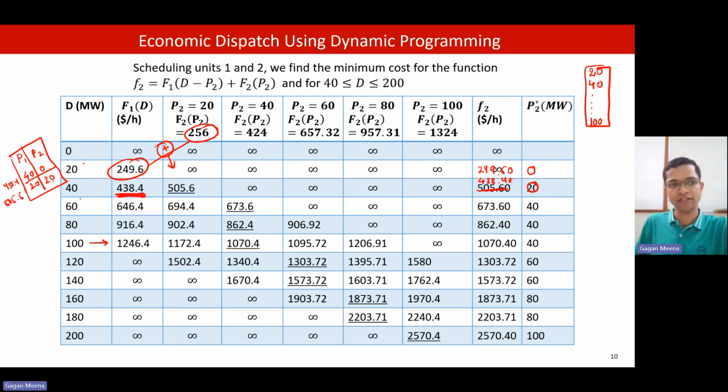Now we move to 60. For 60, we have three combinations possible. The first one is everything generated by P1 itself.